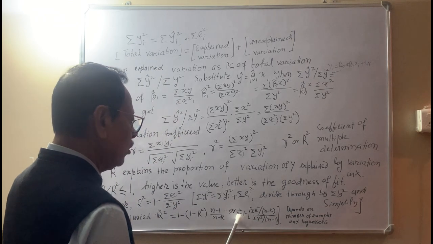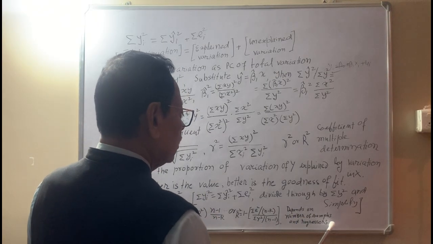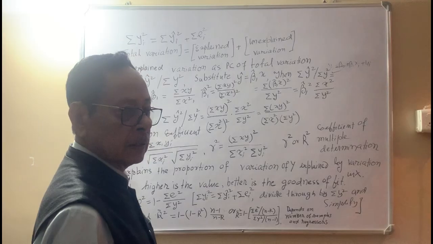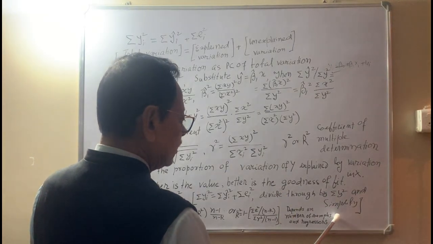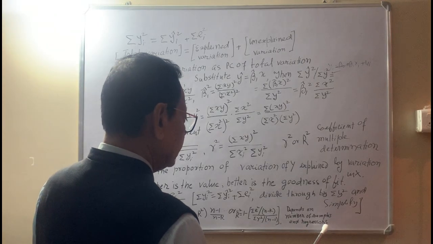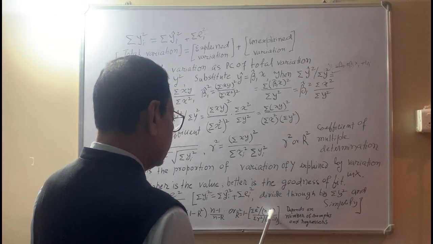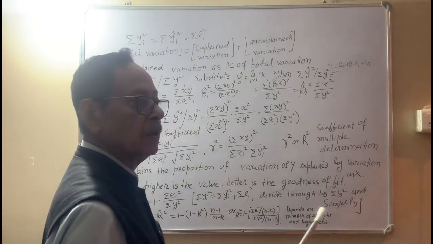So the value of R square will depend on the number of observations, how many observations we have taken in the sample, and the number of regressors, the number of independent variables.